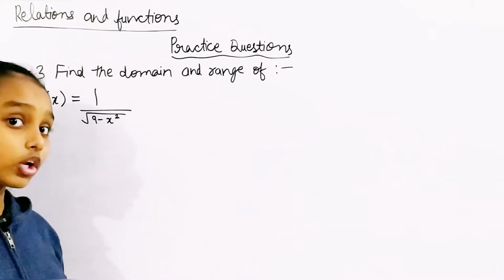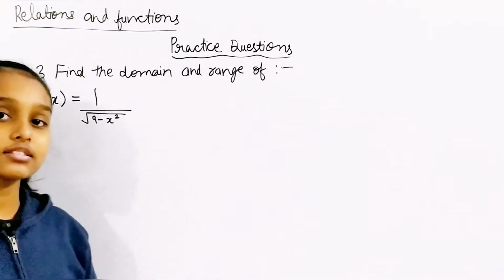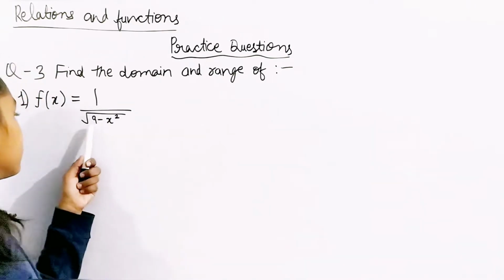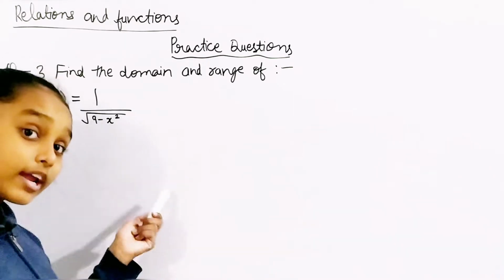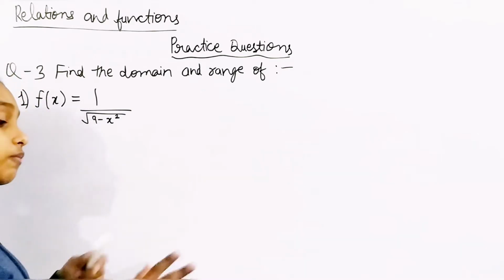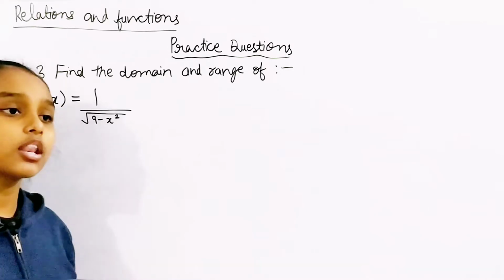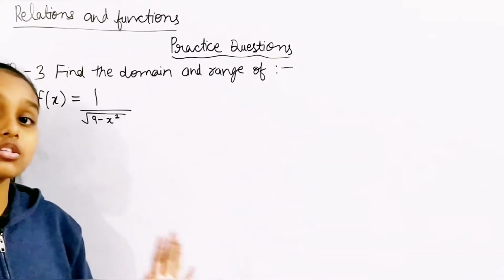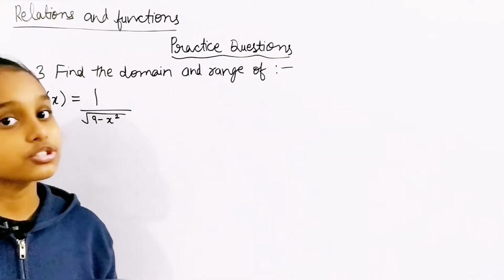And the second thing is that under root 9 minus x squared, this is going to be a real number. So 9 minus x squared must be a real number because it's greater than 0. And that doesn't matter, because even if it were less than 0, it would still be considered a real number, because real numbers include integers also.